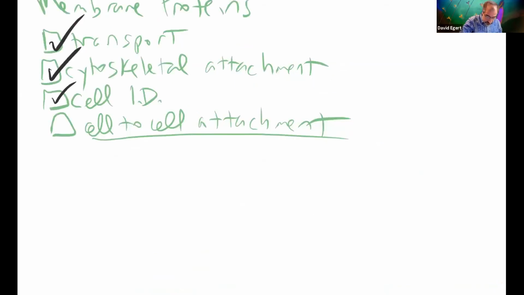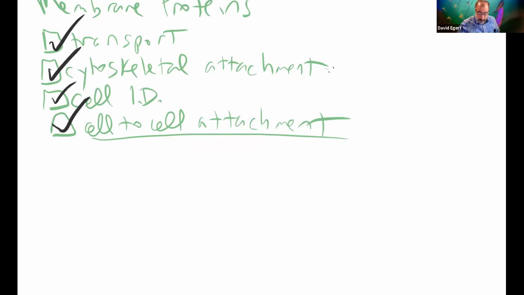My gosh, cell-to-cell attachment. But wait, there's more. Phagocytosis. I would say cytoskeletal attachment would be under here, because you're basically using cytoskeletal elements to push and pull. And then there is also the clathrin that I talked about, but we won't put it on here.